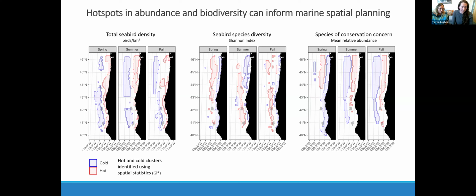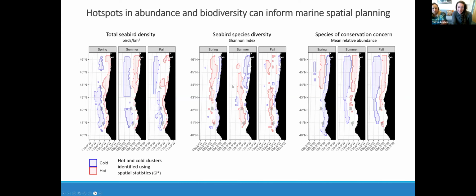In this particular example, those gray boxes are the wind energy areas in Oregon and Northern California. What's interesting here is that each of these metrics, the most birds, the greatest diversity, species of conservation concern, shows a bit of a different pattern in overlap.